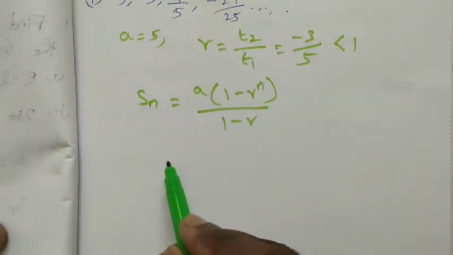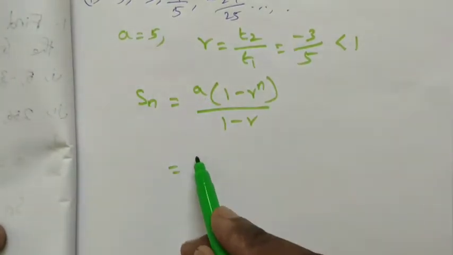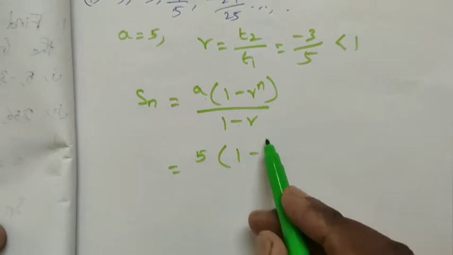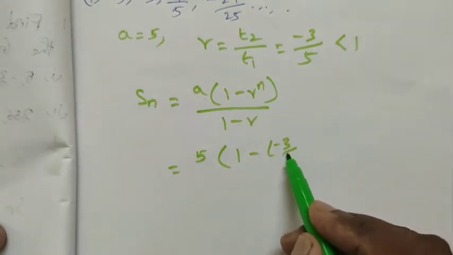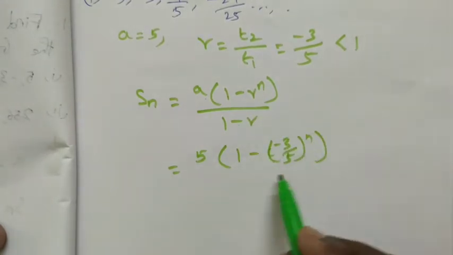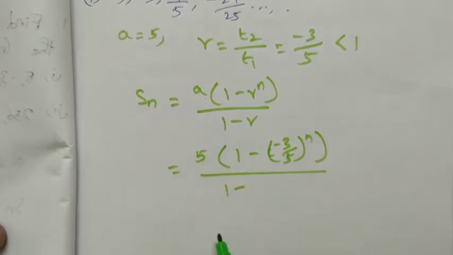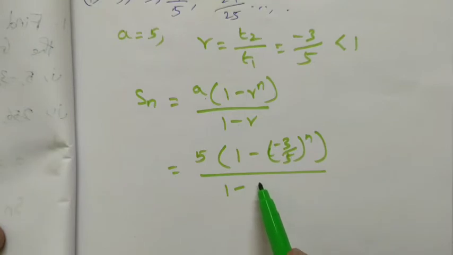So Sn is equal to, A is 5, and 1 minus R is 1 minus of minus 3 by 5 whole power n, divided by 1 minus of minus 3 by 5 inside the bracket.